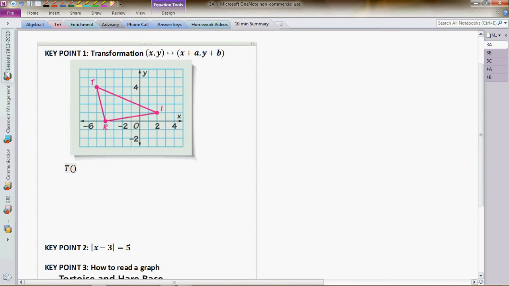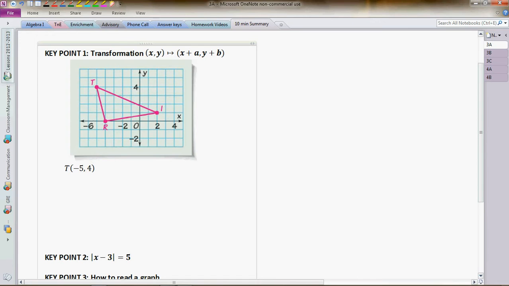Point T, the coordinate is -5, comma 4. Point I, the coordinate is 2, comma 1. And point R, the coordinate is -4, comma 0.